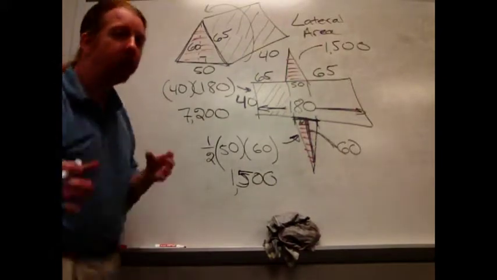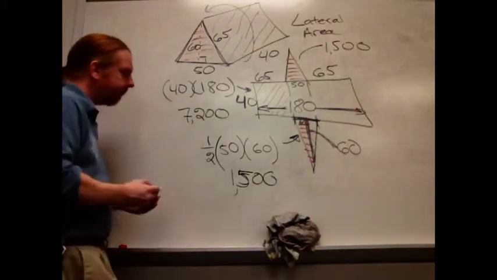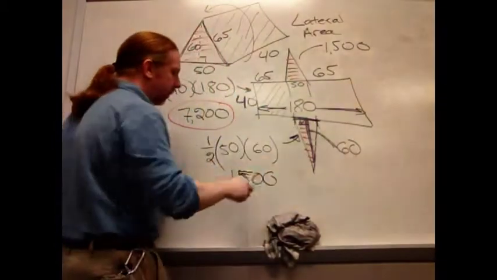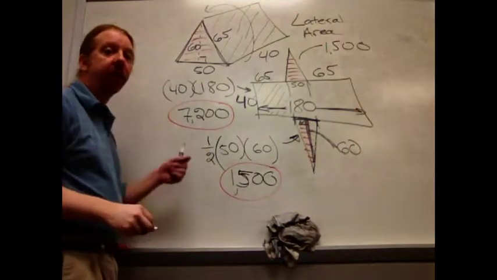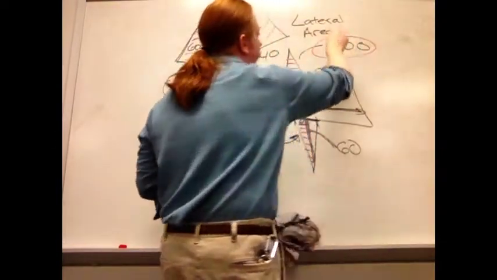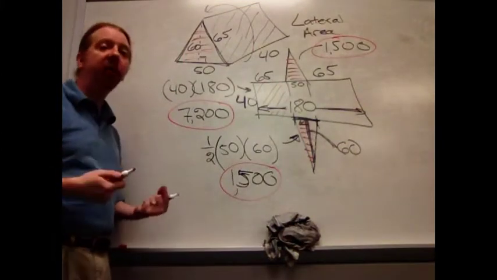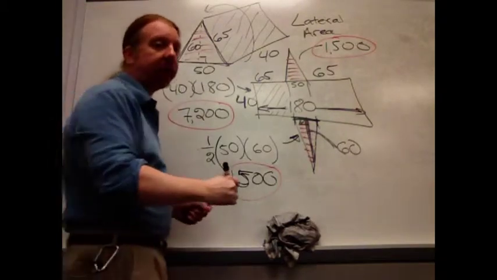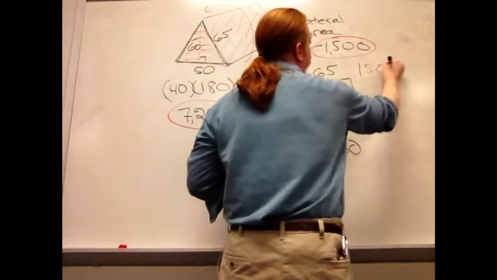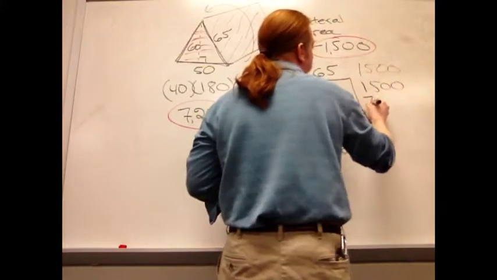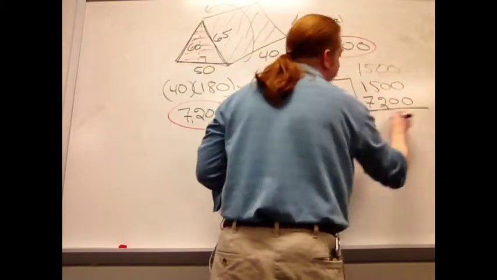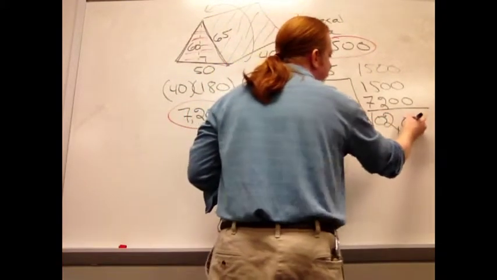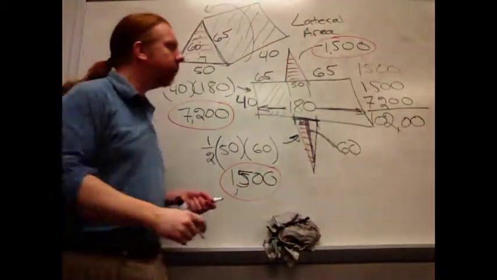So now, when I talk about the total surface area of my triangular prism, I'm going to take 7,200, representing the lateral, 1,500 as the front, 1,500 as the back, add those all together, and that's my total surface area. So, let's go ahead and add those up. I do 1,500 plus 1,500 plus 7,200 gives me a 2, carry the 1, 10,200 square units.